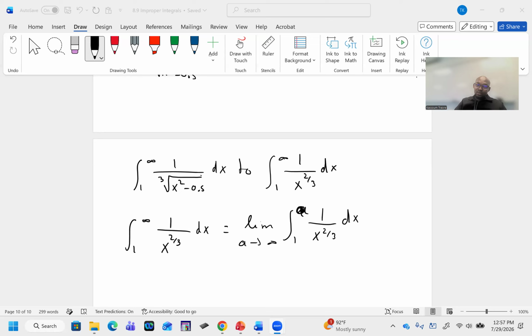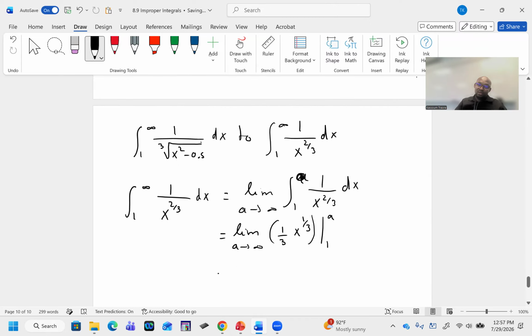So this will be the limit as a approaches infinity of 3 x to the power of 1/3 from 1 to a, right?